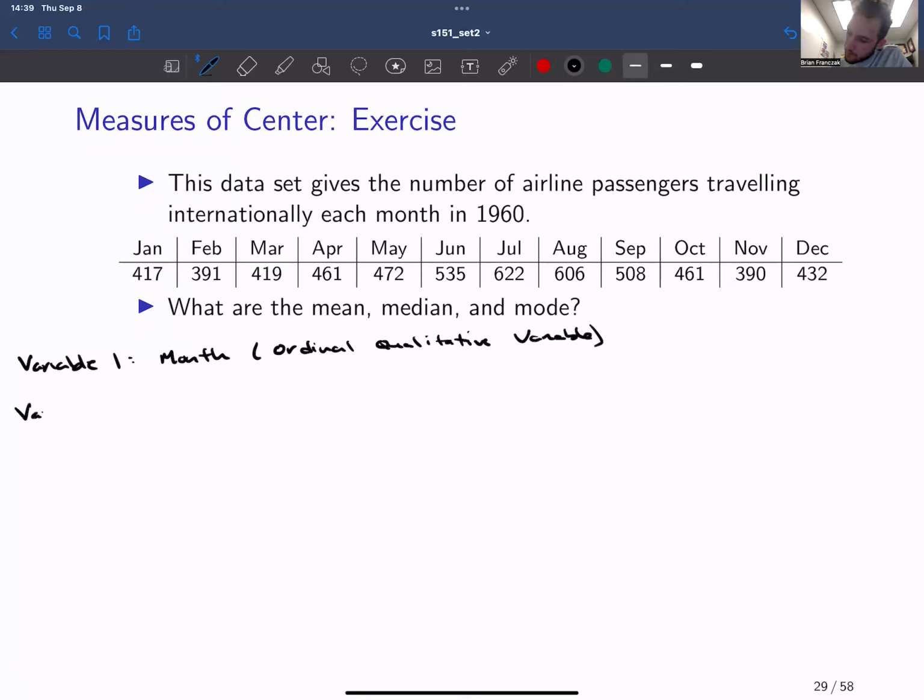And variable 2 is the number of passengers. All right, so for variable number 1, we can only compute the mode because it's a qualitative variable.